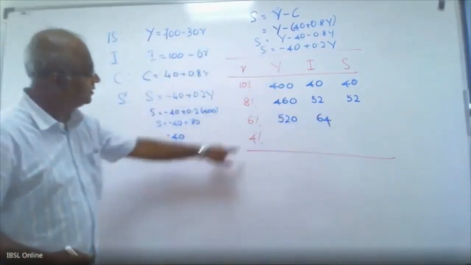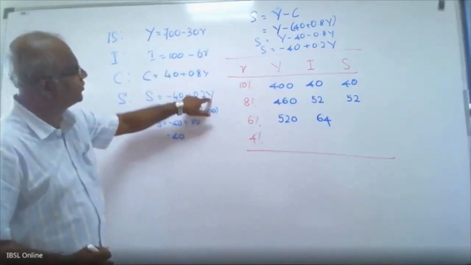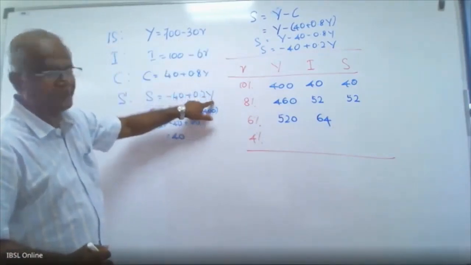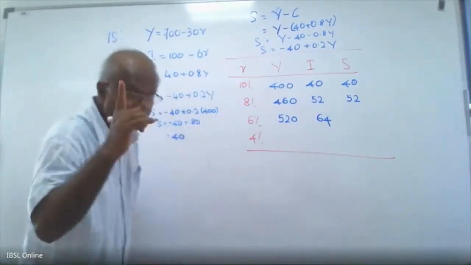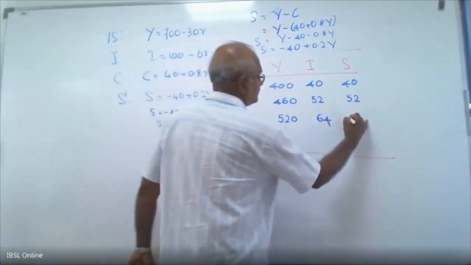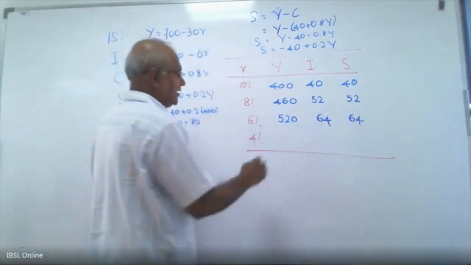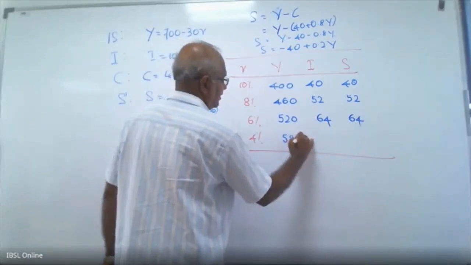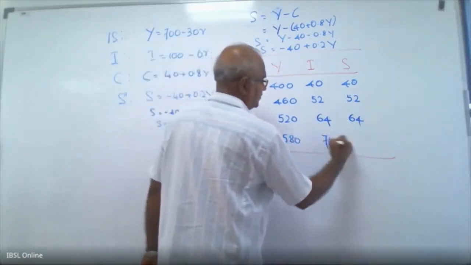Savings: Y 520, go to the savings function, substitute 520 here, 0.2 into 520, minus 40. Savings, if you calculate, will be 64. Last one, you can calculate 580, savings 76.